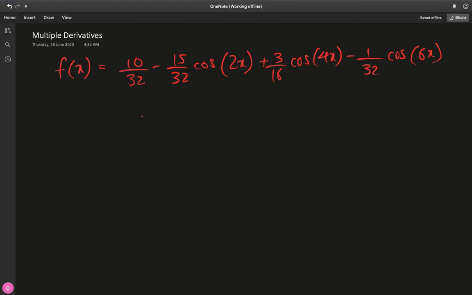So we have this expression for f of x. We have to differentiate this 5 times. Let's go on with the first derivative.